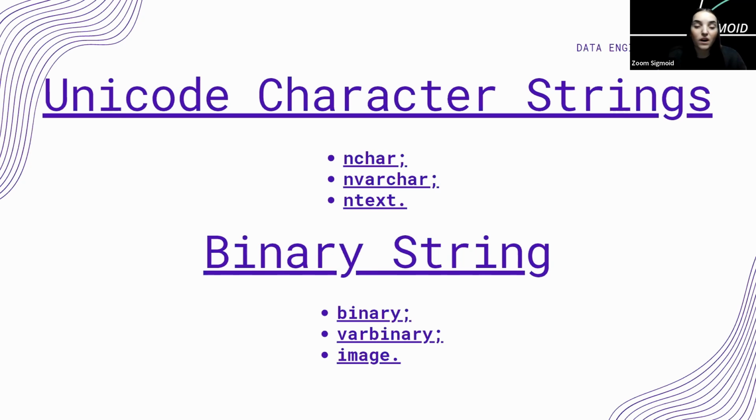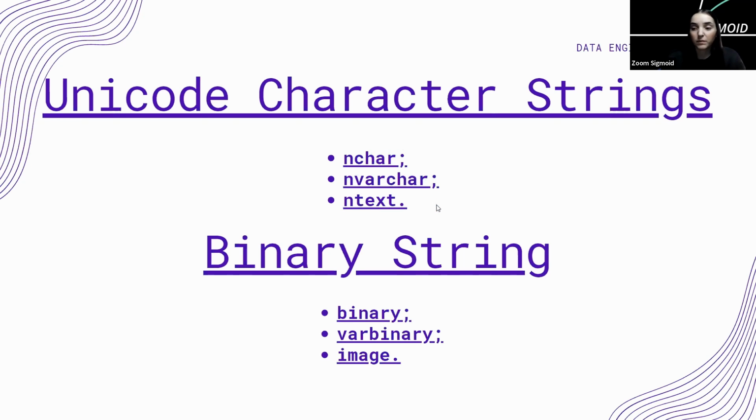Since no other encoding standard supports every language, Unicode is the only encoding standard that ensures that you can retrieve or combine data using any combination of languages. So as I said, here we have nchar, nvarchar, and ntext.